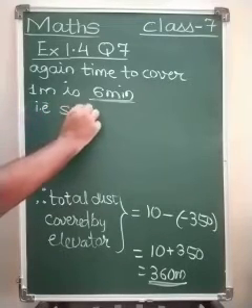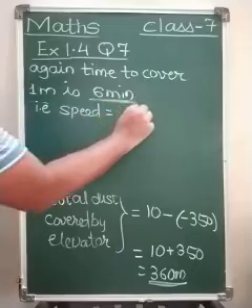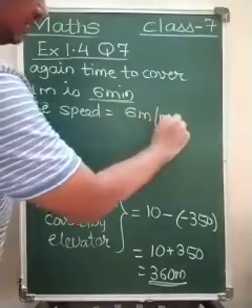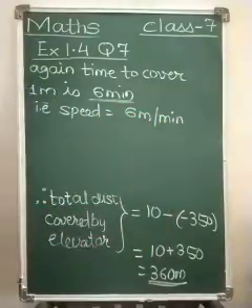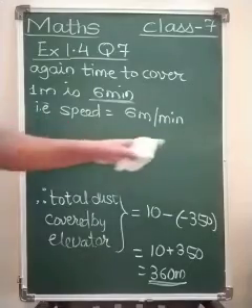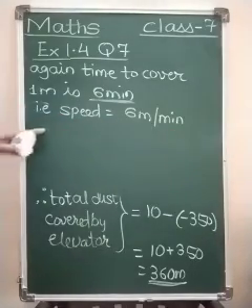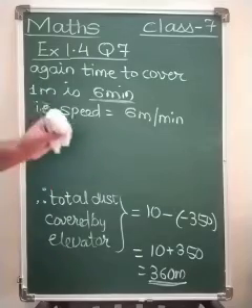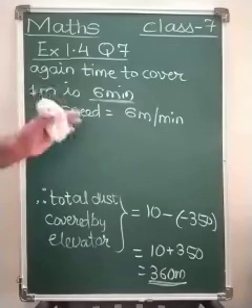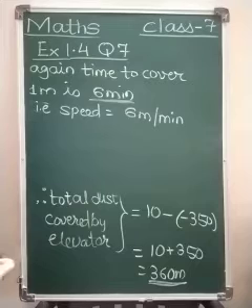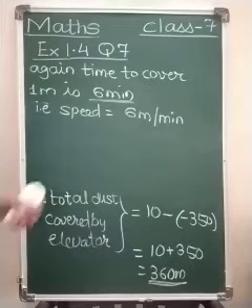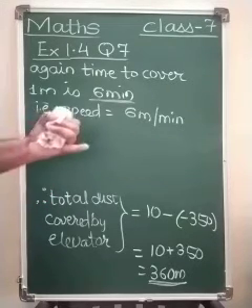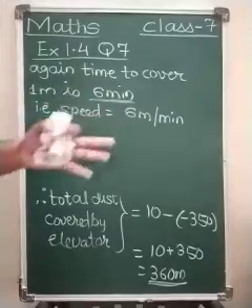Speed equals 6 meters per minute. Okay, the speed of the elevator is 6 meters per minute. In your physics chapter, you must have read about speed, distance and time, and there is a formula which correlates these three factors.